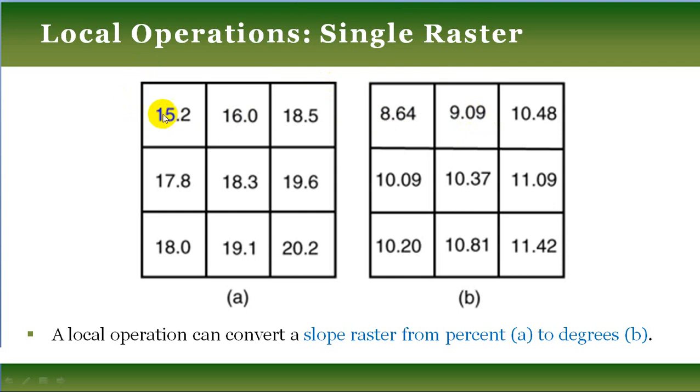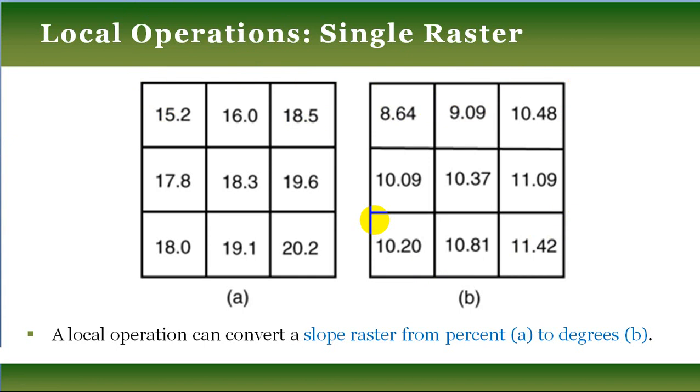That means every cell performs some sort of mathematical function. The cell value changes and is stored in a new output raster. For that reason I told you this is also called cell by cell operation.